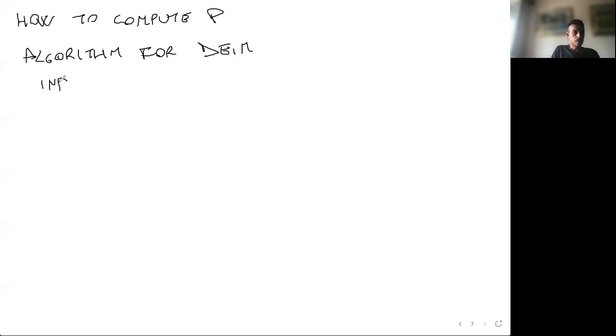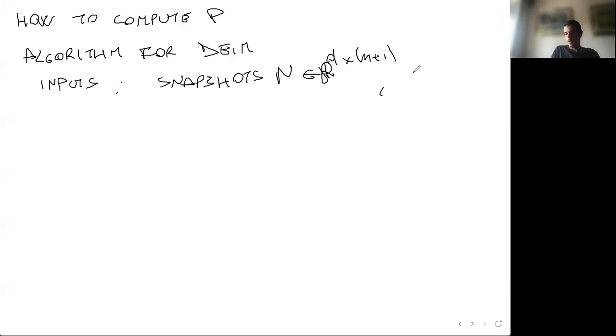What are the inputs? The inputs are the snapshots, the matrix of dimension D times M+1, and the number of DEIM bases. The output is going to be Φ and P.